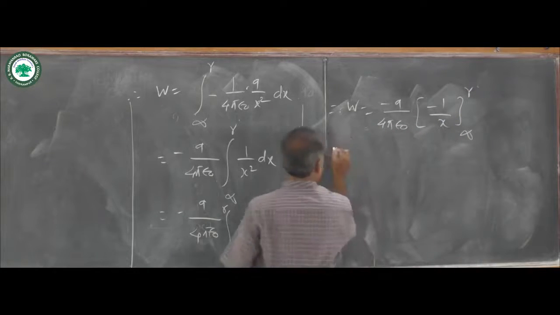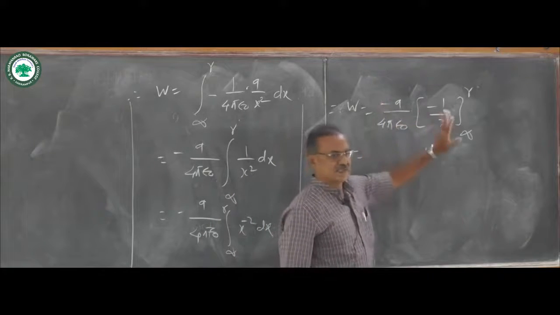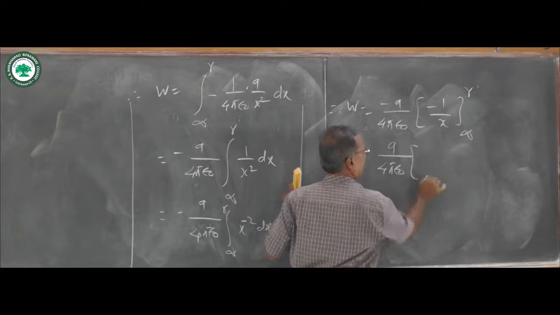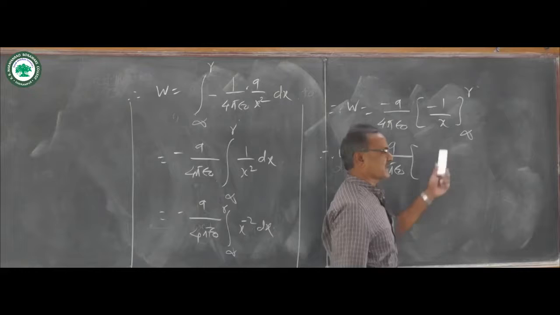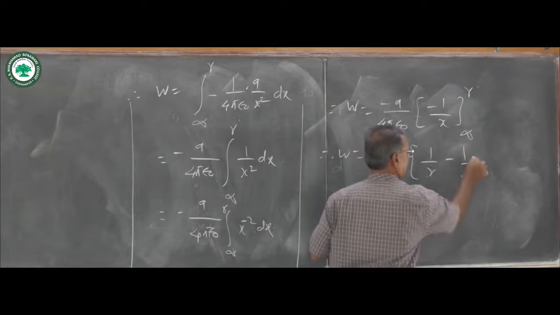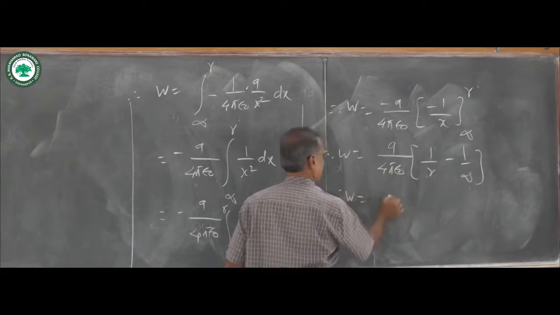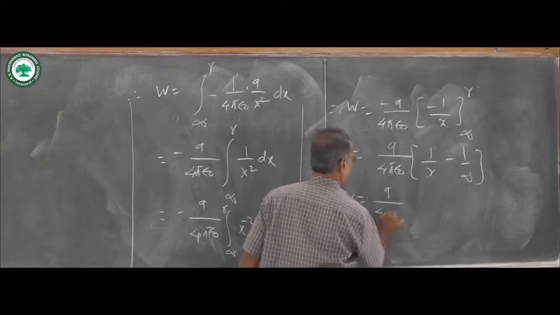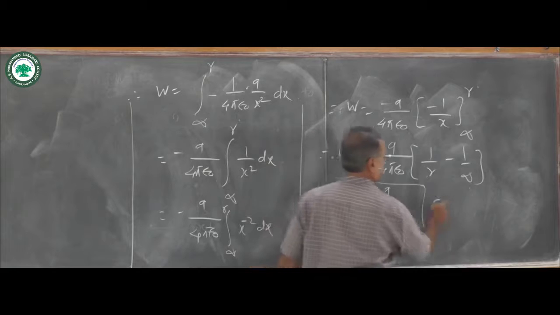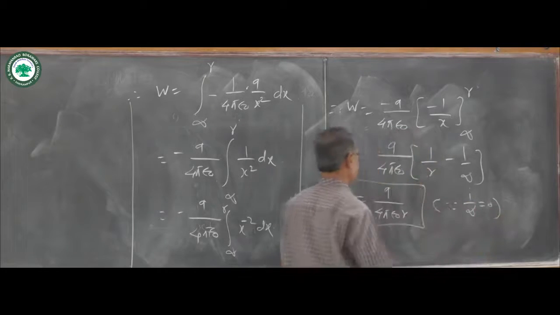Therefore, work done W equals, minus becoming plus, q by 4 pi epsilon naught, replacing x by r, 1 by r minus 1 by infinity. So work done W equals q upon 4 pi epsilon naught r, since 1 by infinity is equal to 0.